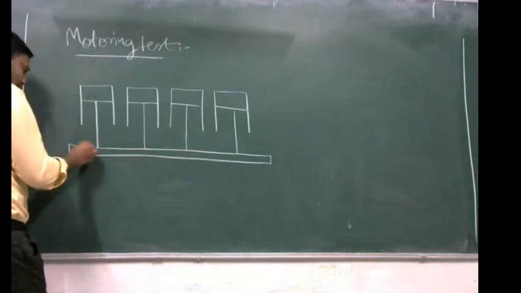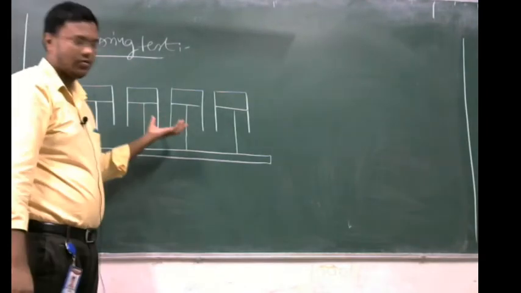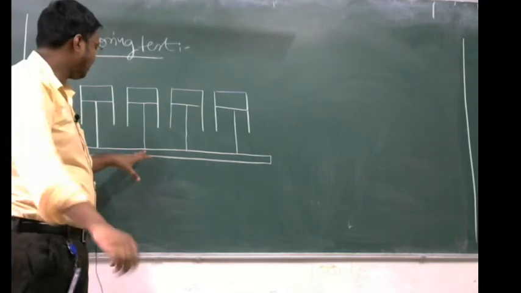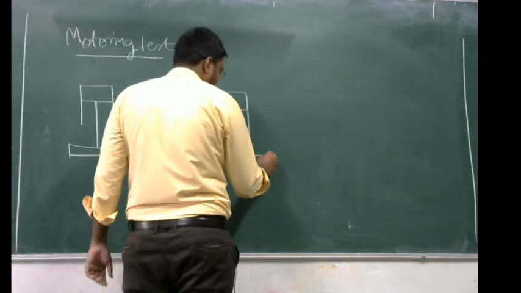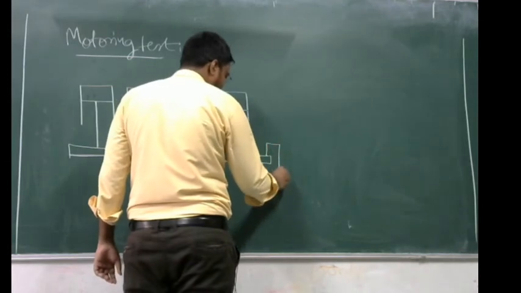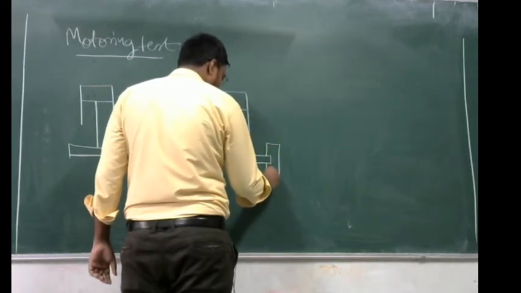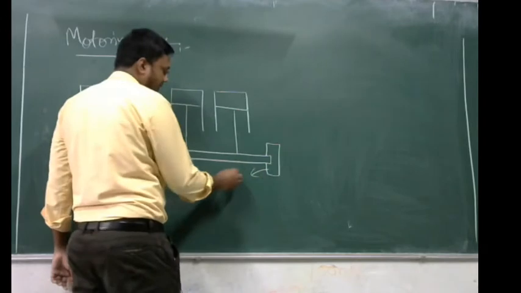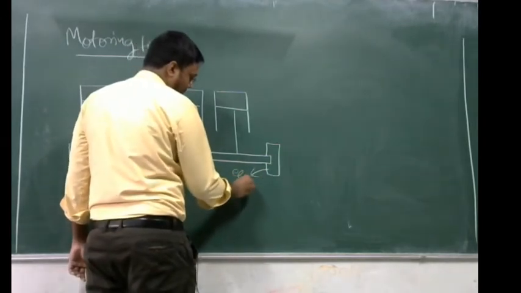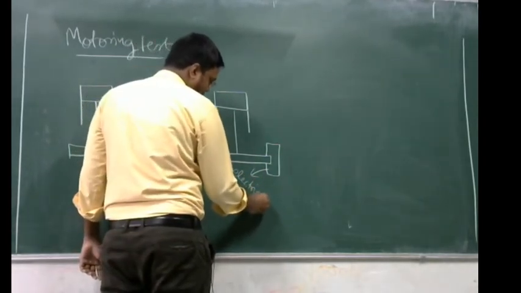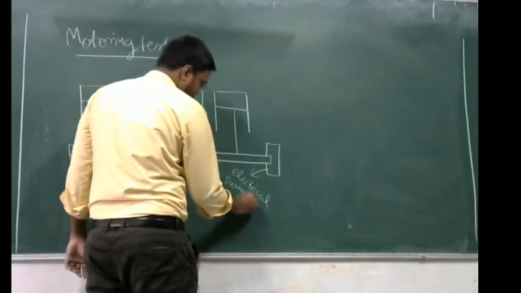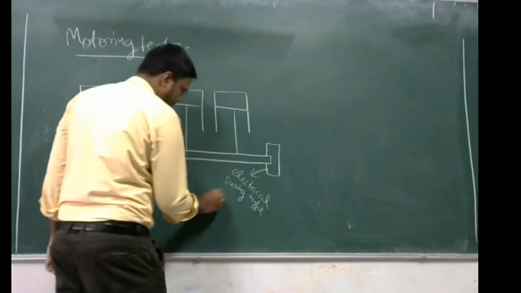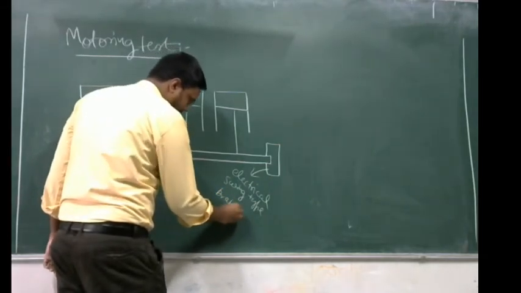On this crankshaft we get the brake power from the engine. Now how can we measure the brake power? To measure the brake power we will employ a brake dynamometer here. But here we use an electrical swing type brake dynamometer.